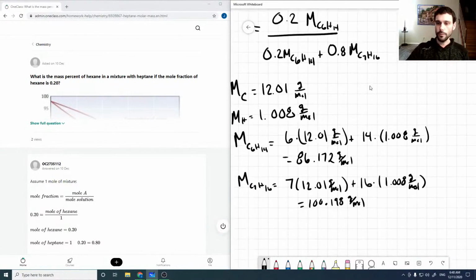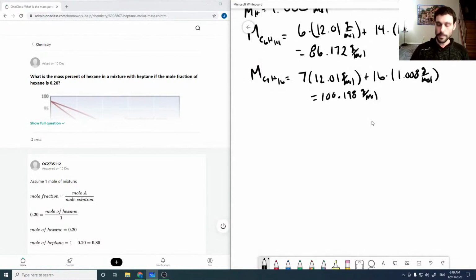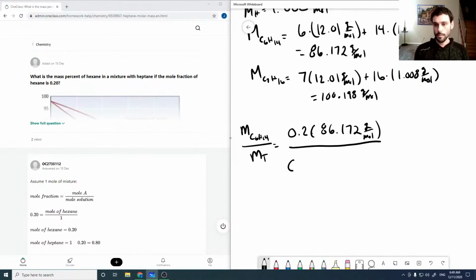We have our equation for our mass percentage. So the mass percentage of hexane is 0.2 times our molar mass for hexane, 86.172 grams per mole, all over 0.2 times 86.172 grams per mole plus 0.8 times our molar mass for heptane.